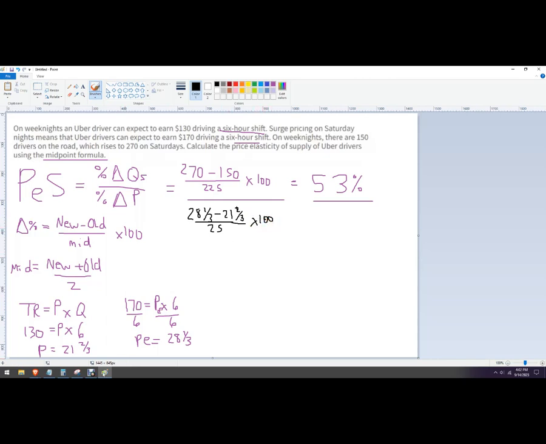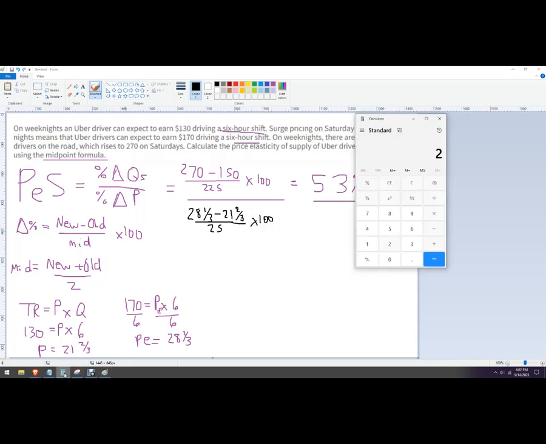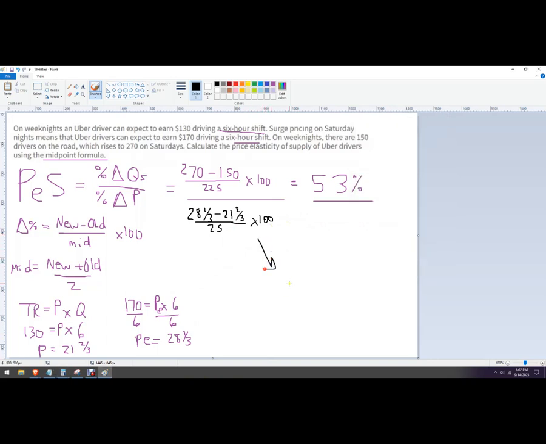All right, so what's the percent change in the price? So actually we can just do it this way. The top is 7, because 28 minus 21 is 7. And then, okay, so it's 6. It's kind of a tough number here. I'm going to write it down here because I'm going to forget.